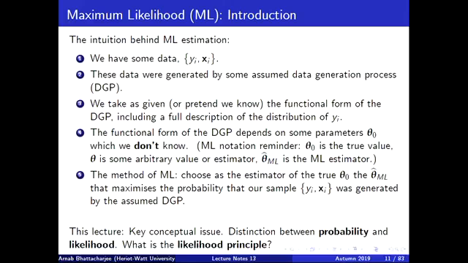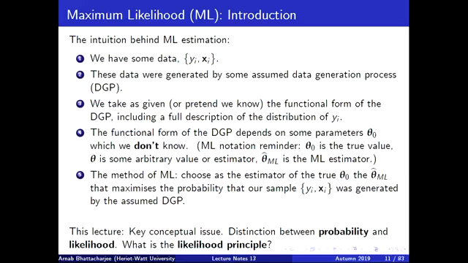Except that there are some parameters in that data generating process, some parameters in the population, that we are not sure about. But except for those parameters, we know this data generating process completely. So we take as given, or we pretend we know, the functional form of the DGP, including all distributions.